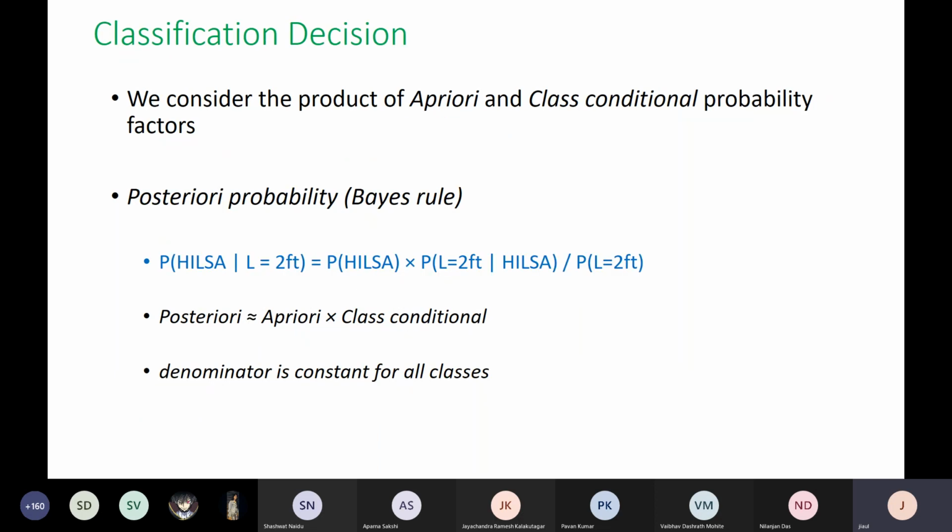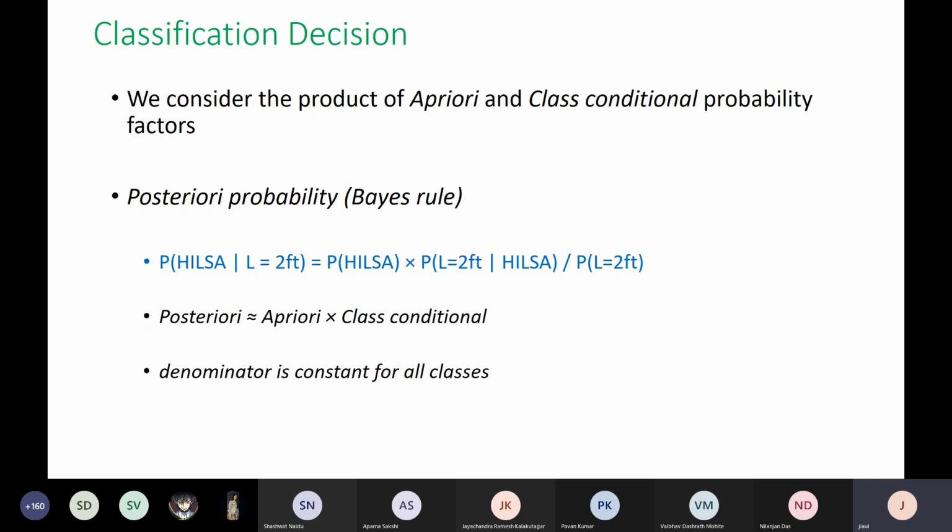The classification decision, as I said, is a product of the a priori probability and the class conditional probability distribution. Now, what is the posterior probability? It is basically the Bayes rule, which says that given a particular length, I want to estimate the probability that this is going to be Hilsha, and vice versa, I can predict whether this is going to be Tuna.